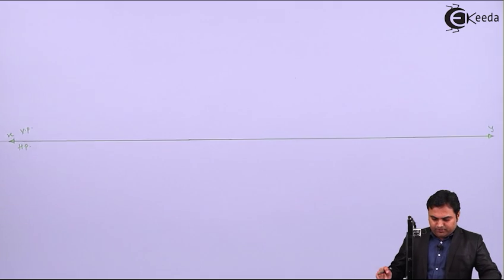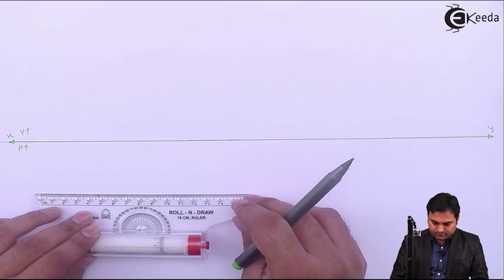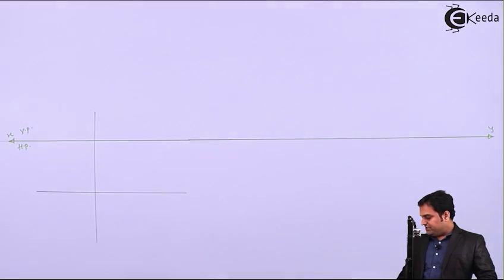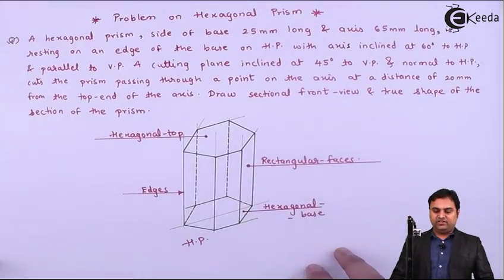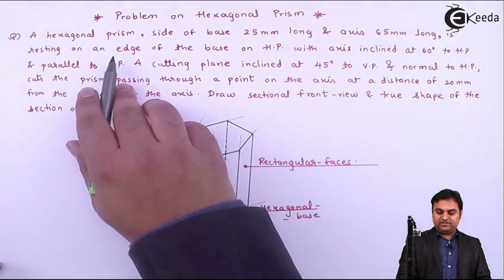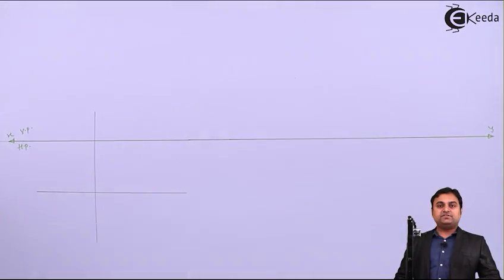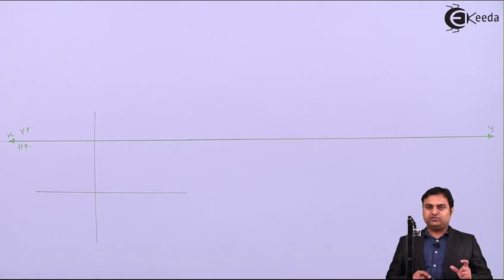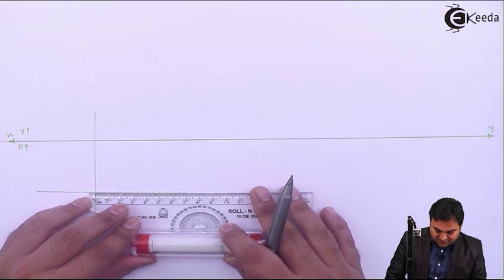In the question it is mentioned that the hexagonal prism is having a side of base 25 mm and axis 65 mm long, and is resting on an edge of base. Since the side is 25 mm, I am going to measure 25 mm from this center.